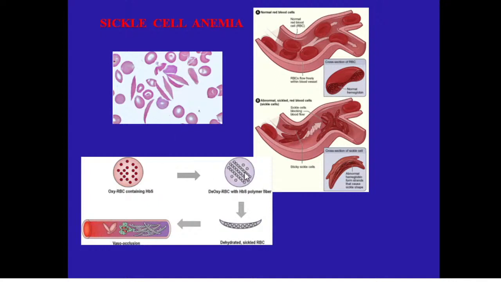So with polymers, with tactoids of hemoglobin, these cells cannot pass through the blood vessels normally and cannot perform their function. So hypoxia will be complicated with hemolysis, and chronic hemolysis will lead to the early death of these patients.